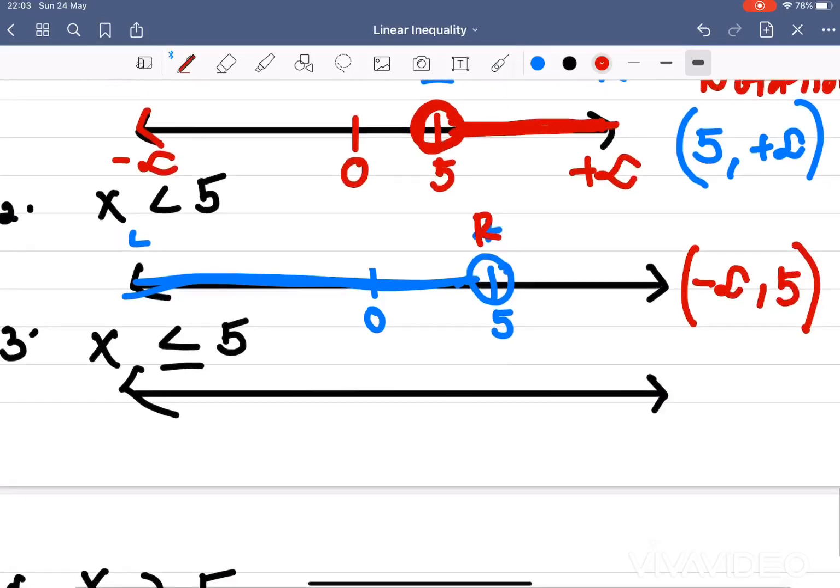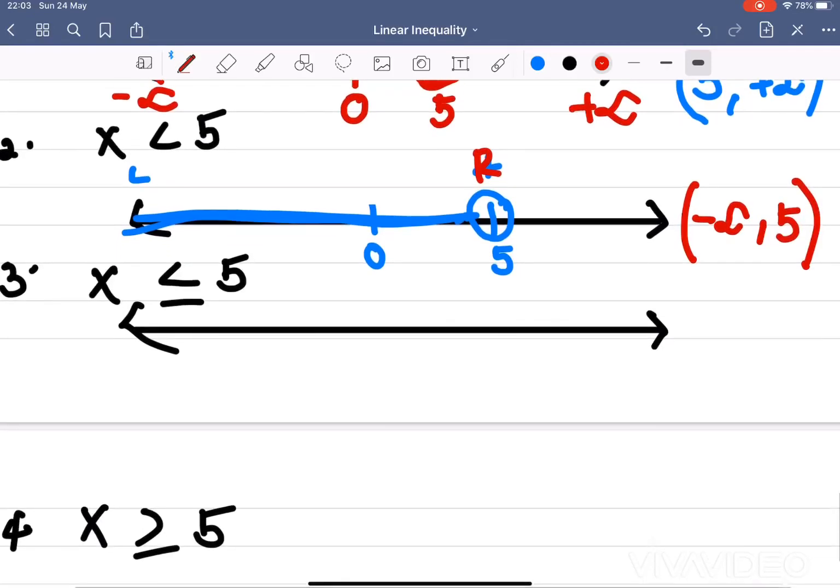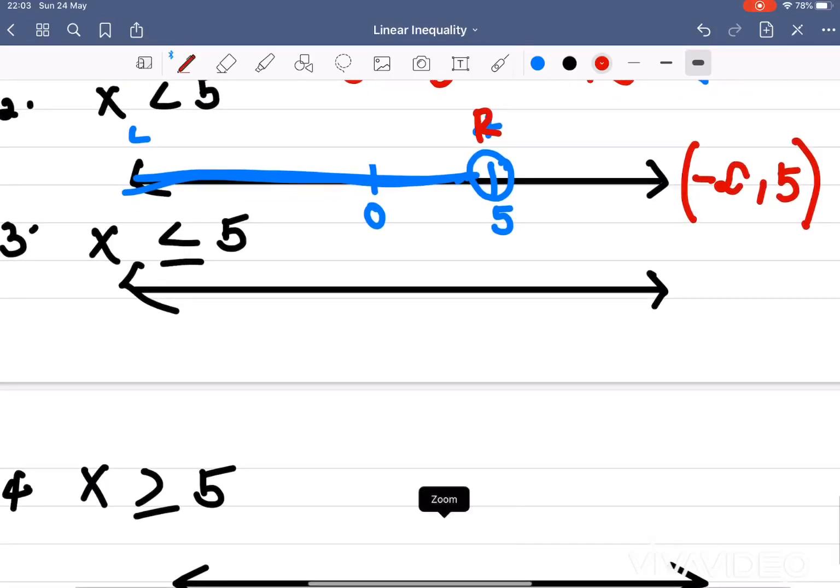Now, example number 3. We have x is less than or equal to 5. So, if this is 0 here, and this is 5 here, it says that x is equal to 5 or less than 5. So, meaning 5 is included.